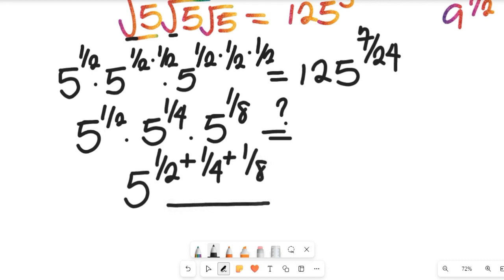Simplifying, 8 divided by 2 gives us 4, plus 8 divided by 4 gives us 2, plus 8 divided by 8 gives us 1. So this will definitely give us 7 divided by 8.